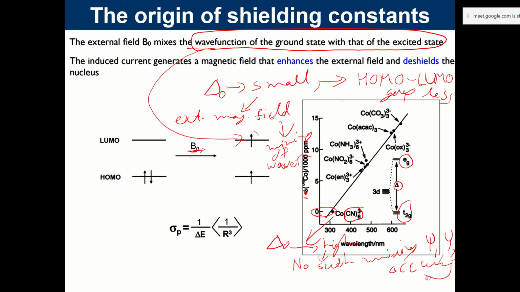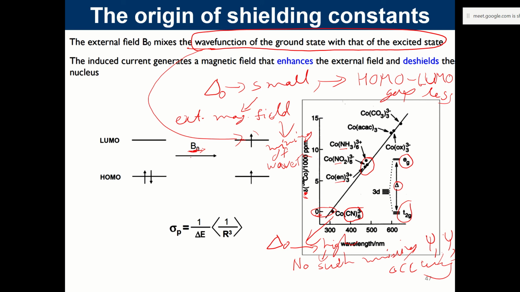But if you go to this point, as you gradually change the ligand, from carbon based ligands, now you see nitrogen based ligands, NH3, ethylenediamine. You can see they have a substantially high chemical shift, and this is attributed to the de-shielding due to paramagnetic contribution.